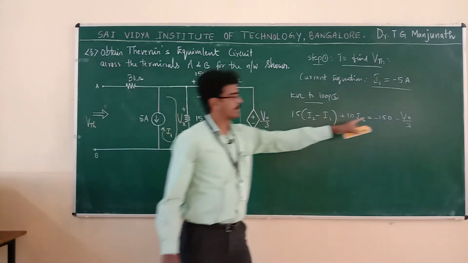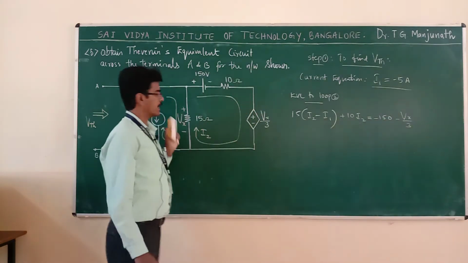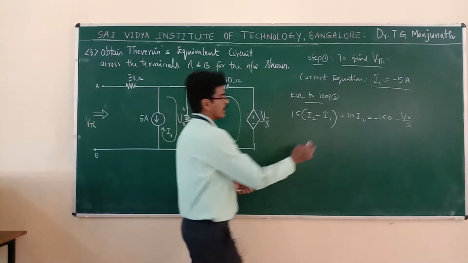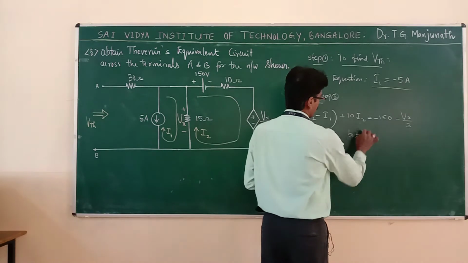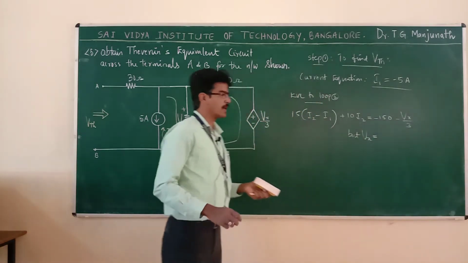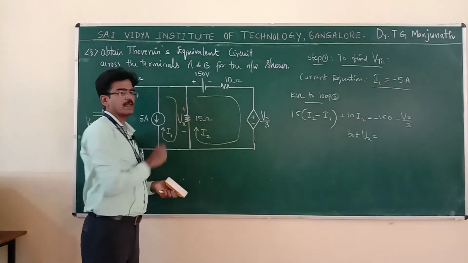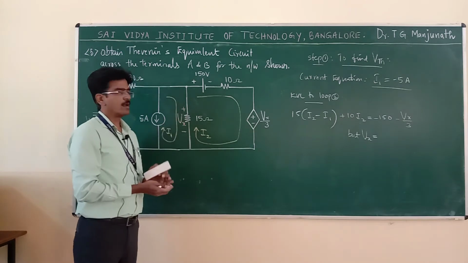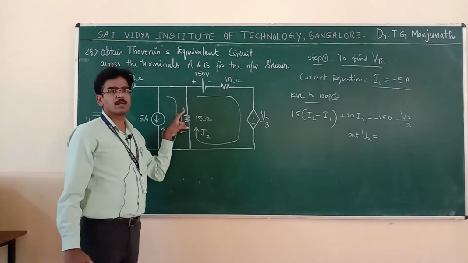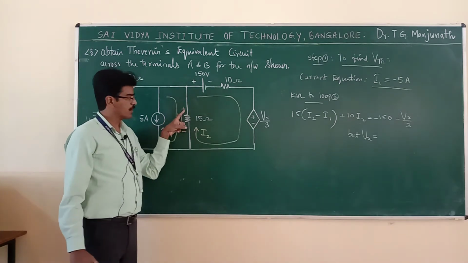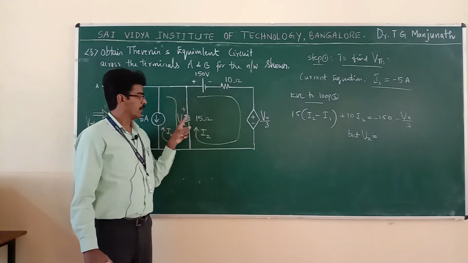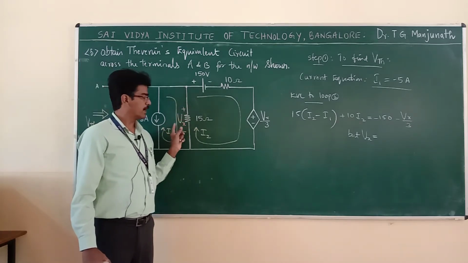Now let us express Vx in terms of loop currents. What is Vx? Vx is here. Vx is nothing but the voltage drop across the 15 ohm resistor. So according to Ohm's law, V is equal to I into R.